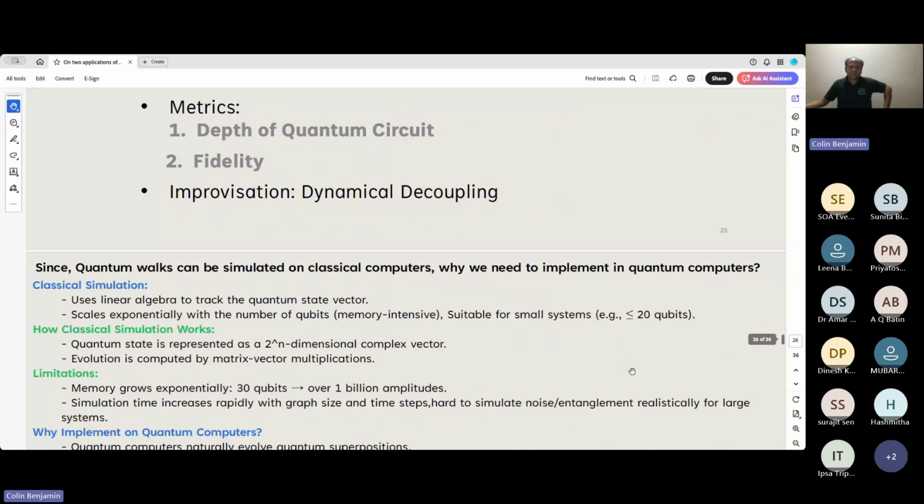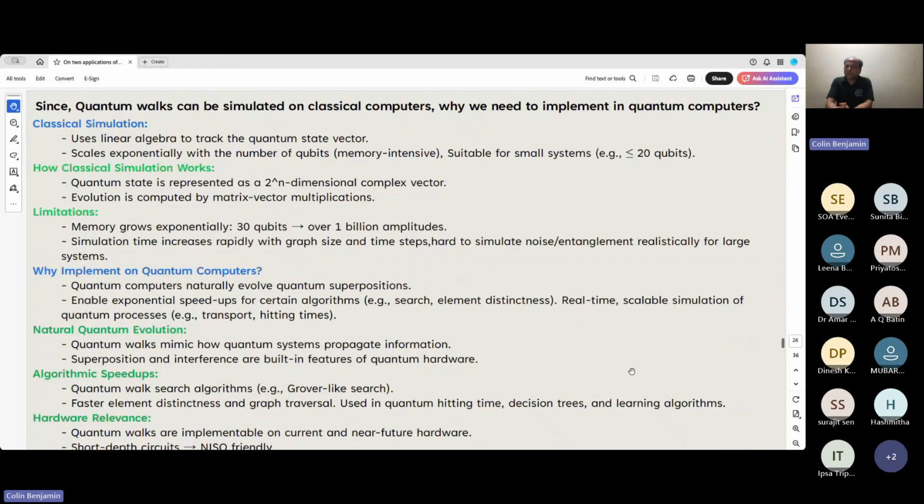Now, the results which I showed you before were all implemented on classical computers. We run a quantum walk-based algorithm on a classical computer. So you may ask, if you can run your quantum walk codes in Python on your classical desktop, then why do you need a quantum computer?